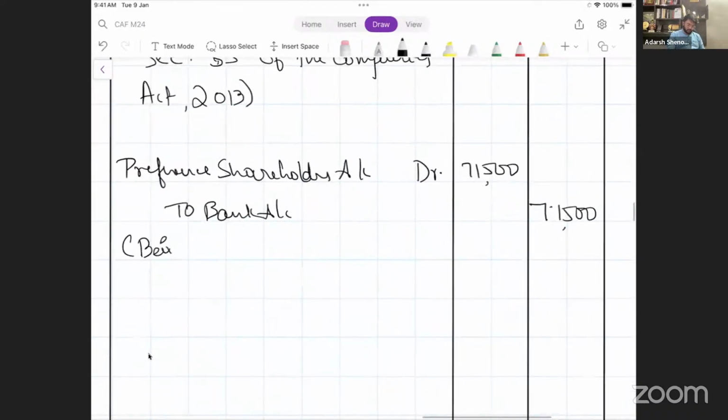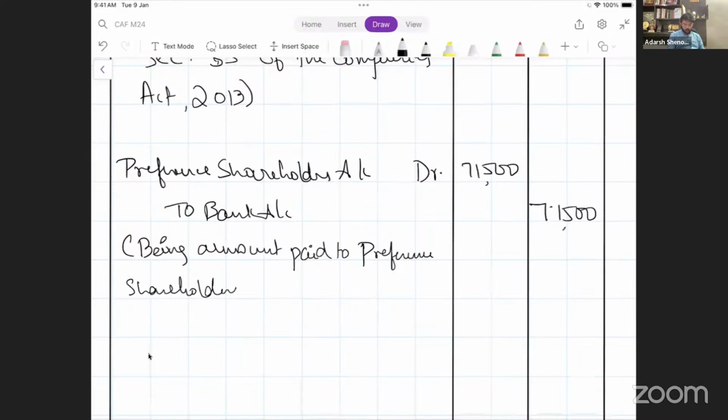Being amount paid to preferential holders.